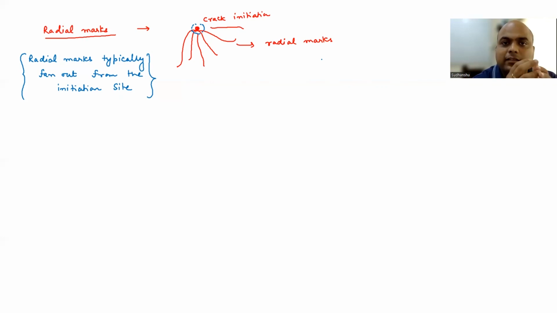And then the growth in terms of patterns such as radial pattern, chevron, river marks, tongue, etc. So we have completed the topic of fracture mechanisms. In the next lecture, we will discuss fatigue crack growth, or fatigue testing. And finally, we will conclude this whole course by talking about creep testing. Okay, thank you.